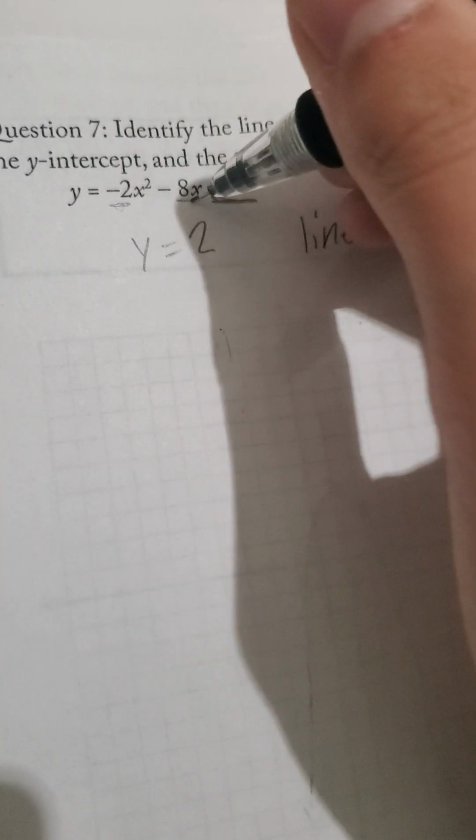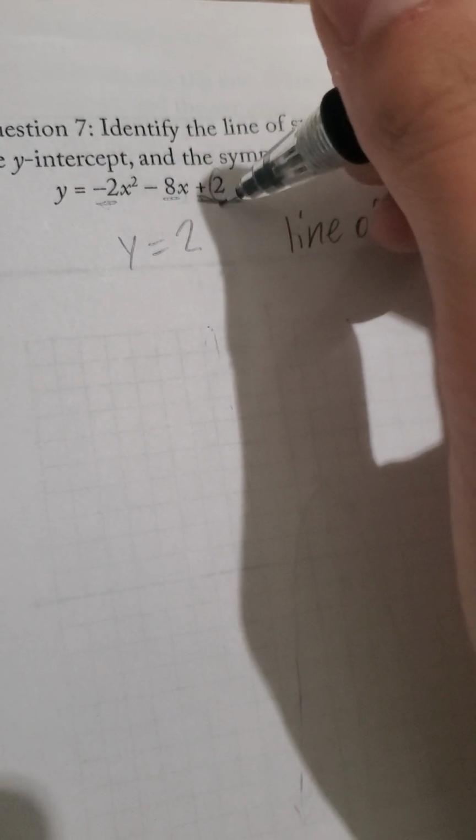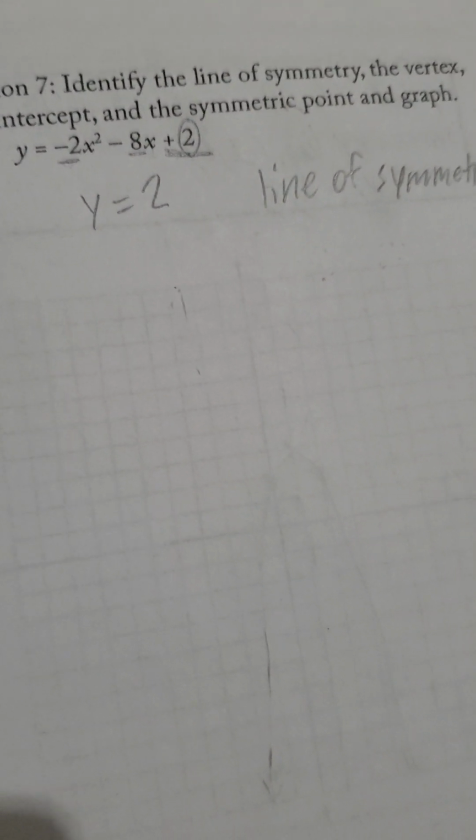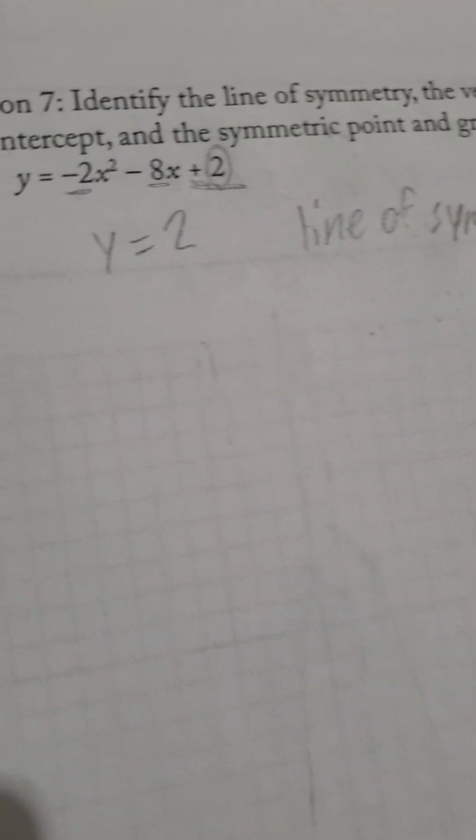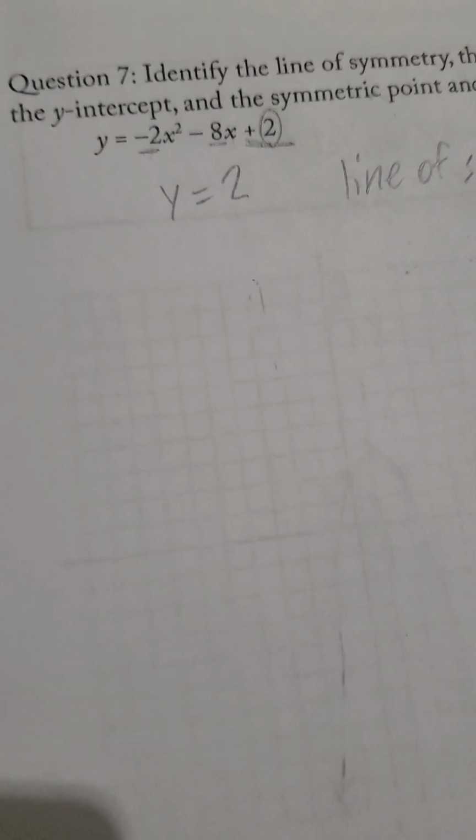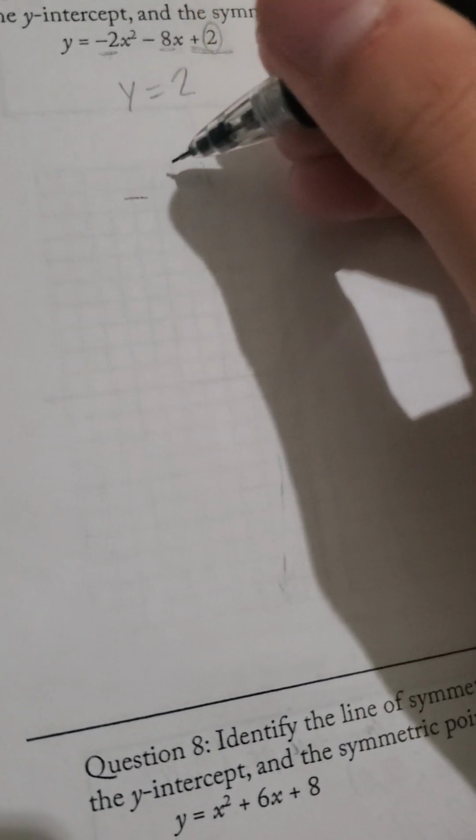And if you don't know what the a, b, and c values are, first of all, you're really lost. Second of all, this is our a value, this is our b value, and this is our c value. We don't need to use c.